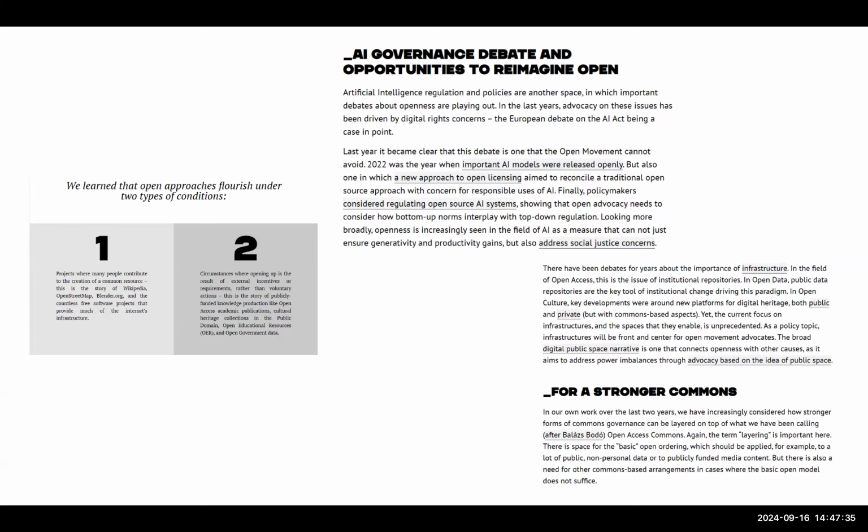But there is also a need for other commons-based arrangements in cases where the basic open model is insufficient. So what they suggest is that when you have these different resources, say, we talked about how your project might generate data. Maybe non-personal data that you want to open up, or maybe personal data you need to keep proprietary.